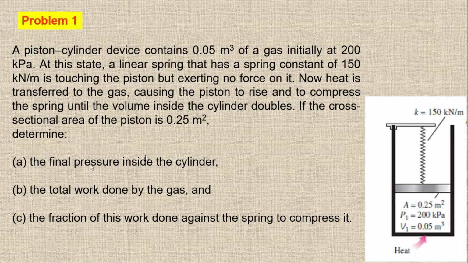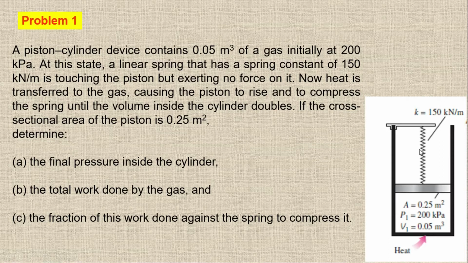Now you have to find the final pressure inside the cylinder. Initially we have 200 kilopascal, and then we have a system like this one. If there is no spring on it, we can say that the piston cylinder device normally operates at constant pressure, so the final pressure will be the same as the initial pressure, which is 200 kilopascal.